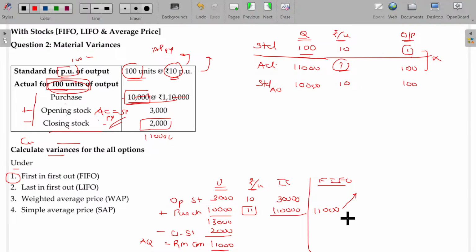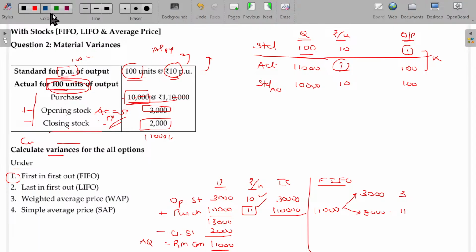The first stock we have in our godown, we will use that first of all. What is the stock we already have? 3,000. Existing stock is used. Thereafter, once it is used completely, we can go for the new fresh item. That is the FIFO method, first in, first out. First in item is going to be used for the production. Balance 8,000 will be the new one. This 3,000 units valued at rupees 10. These 8,000 units are valued at rupees 11. We have two prices.